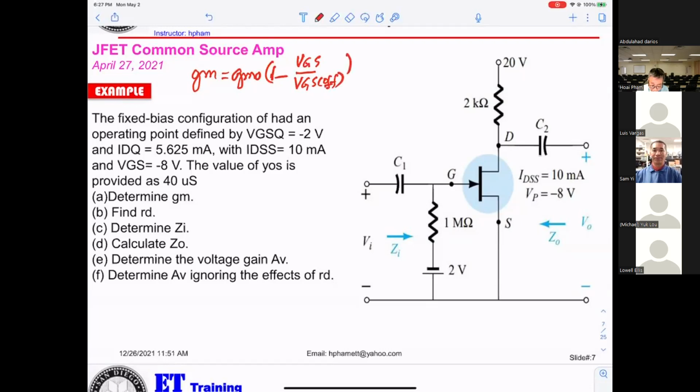Not square. No. At least by the formula.